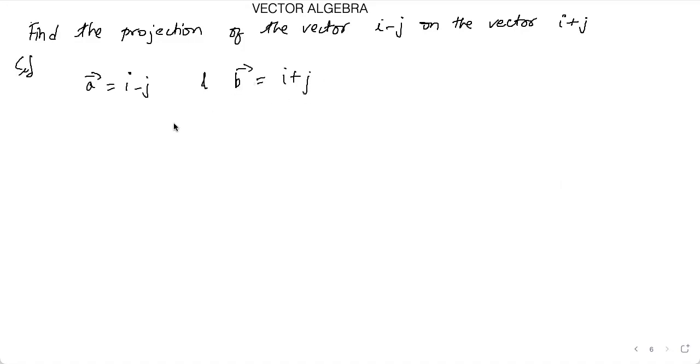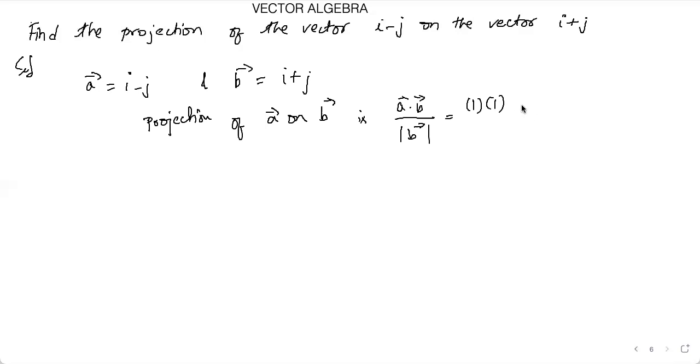Now we have to find the projection of A on B, that is A dot B by mod B. So A dot B is 1 multiplied into 1, plus minus 1 into 1, and mod of B would be square root of 1 square plus 1 square.